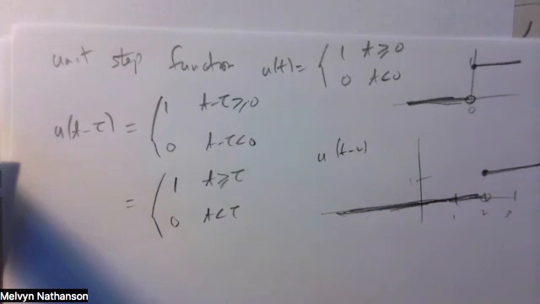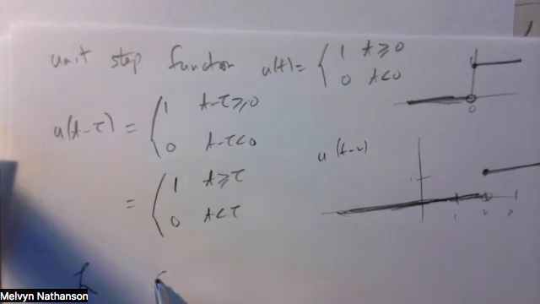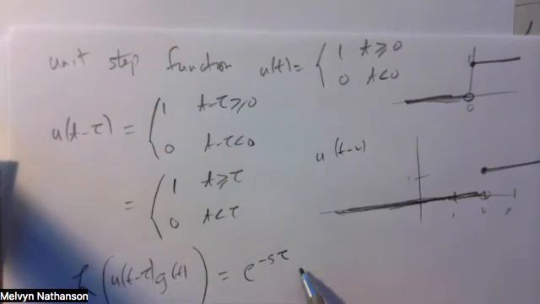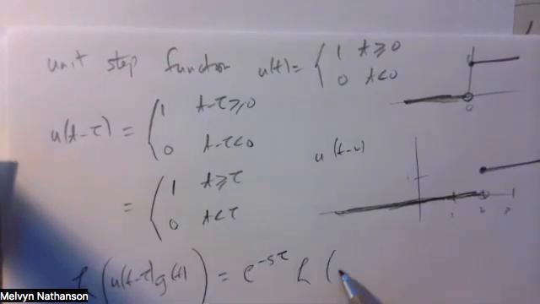And the theorem that describes what happens if you take a function g of t and multiply it by a translated unit function u of t minus tau, this is exactly e to the minus s tau times the Laplace transform of g of t plus tau.